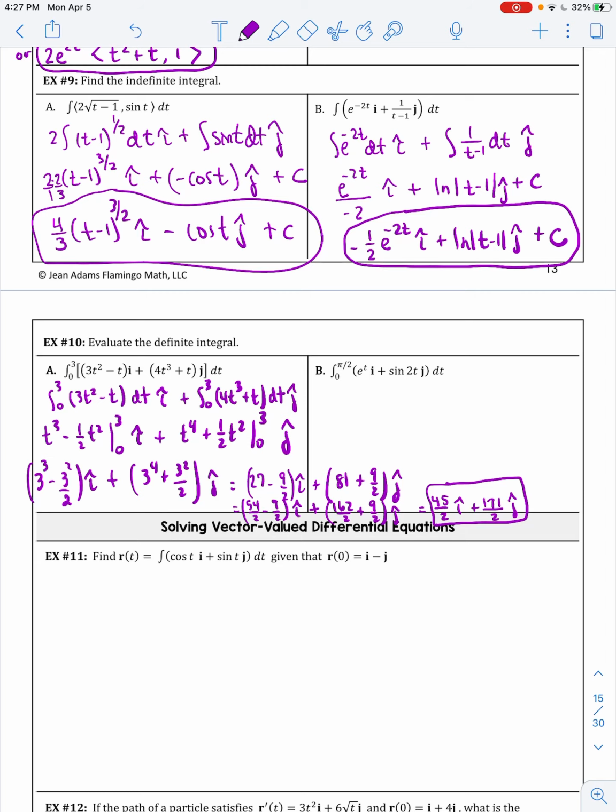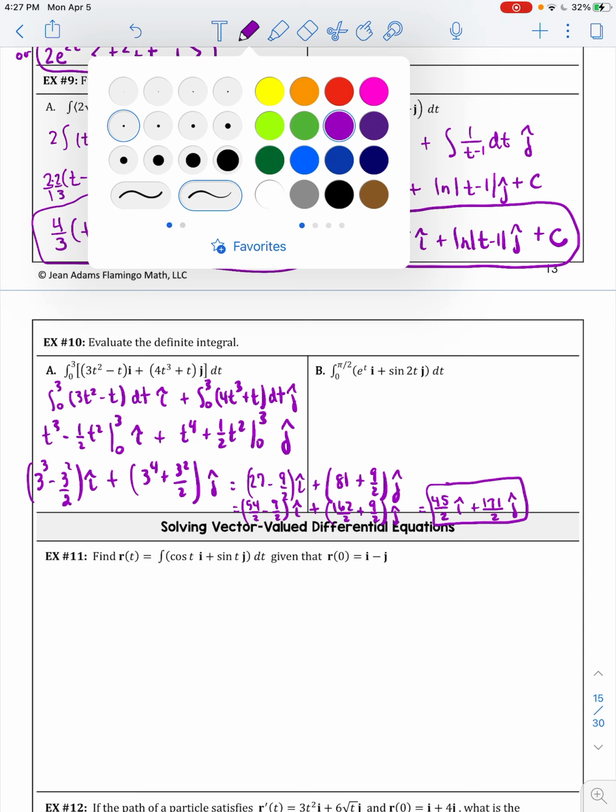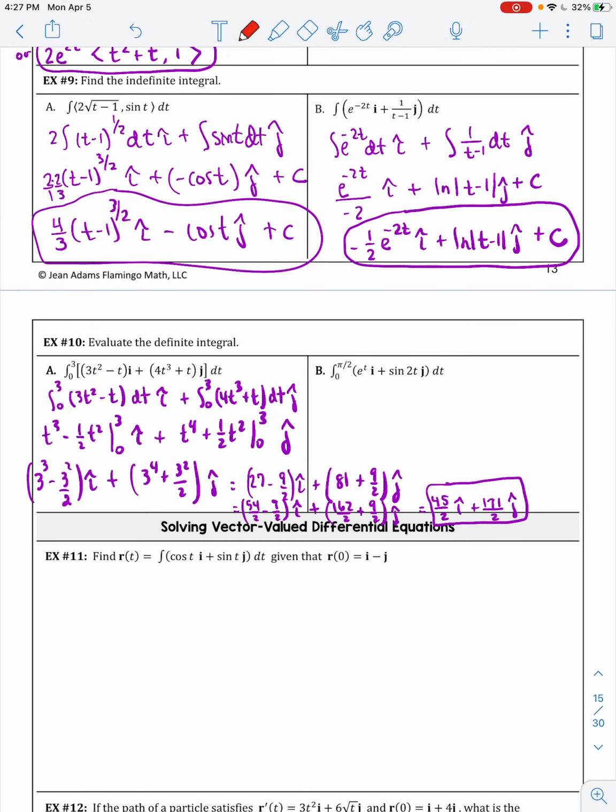And now B, I'm going to do it in a different color. This one, integral from 0 to pi over 2 e to the t dt times i plus integral from 0 to pi over 2 sine of 2t dt times j.